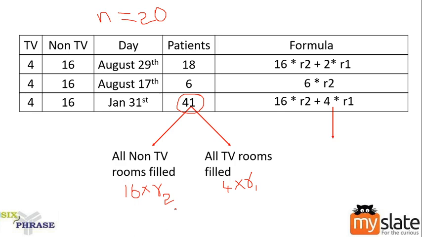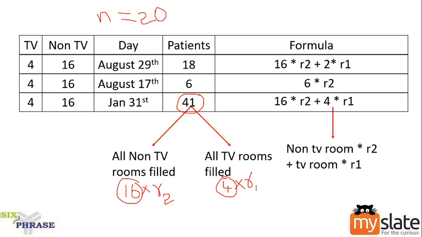What do you observe here? This 16 is total non-TV rooms, 4 is total TV rooms. Non-TV room is multiplied with R2 and TV room is multiplied with R1. What is the difference you observe between these three cases? You need to develop the program based on this only.